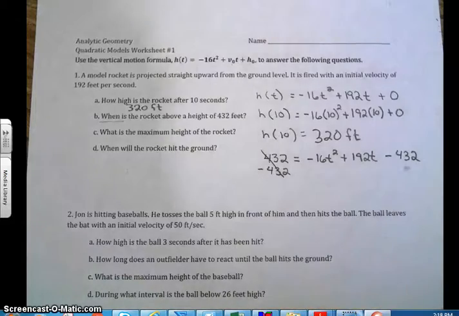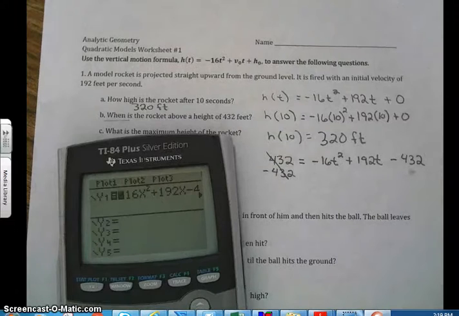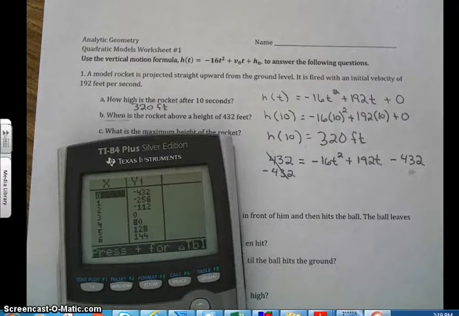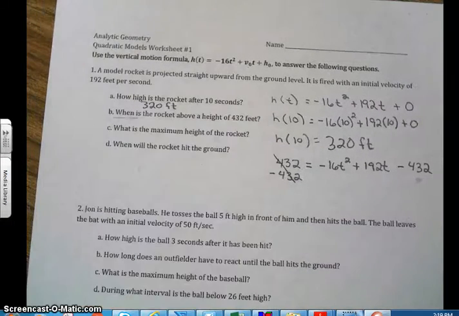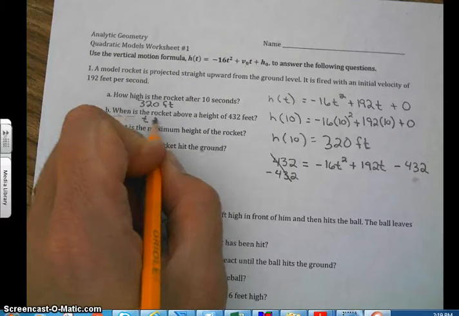Let's take a look at what our calculator shows us. Going to our graph, we see that one solution is 3 seconds. 1, 2, 3. Double checking that in our table, here we go, 3, 0. So one of the solutions would be time equals 3.